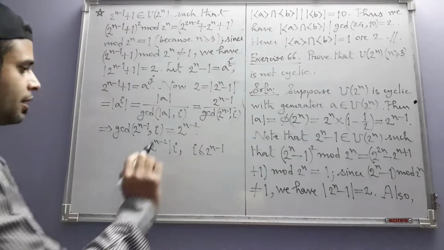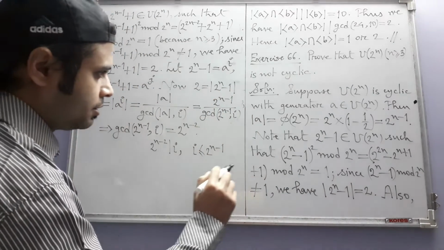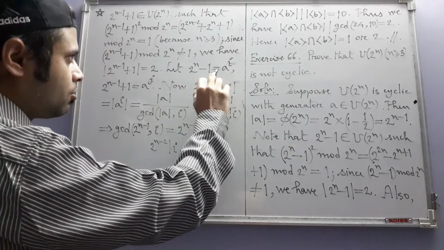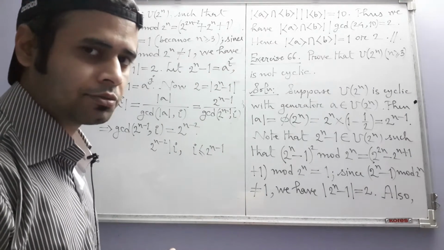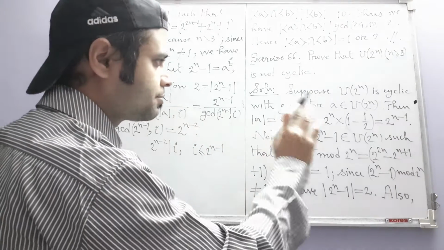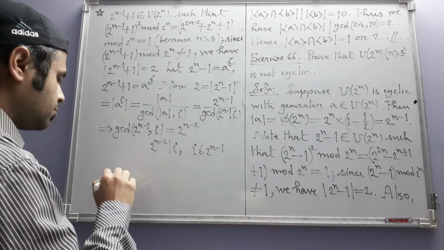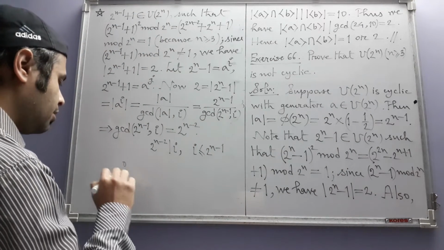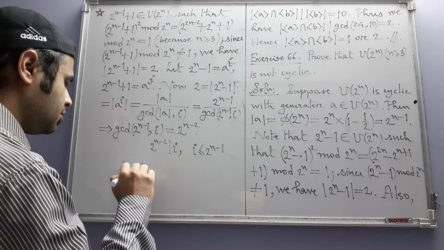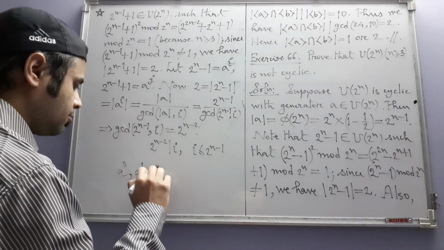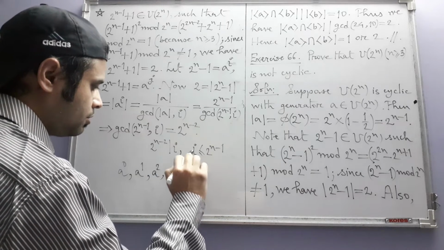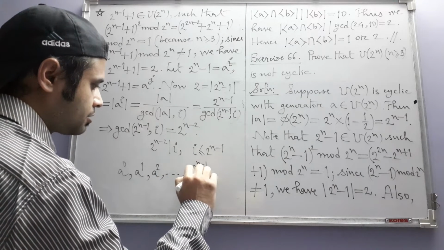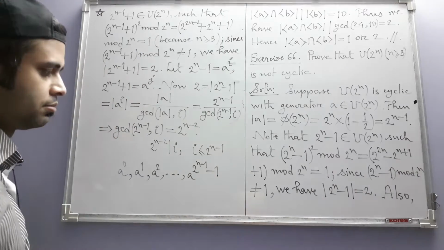So here what I am trying to say is that because all the elements in the cyclic group will be powers of A and the cyclic group is finite, these powers of A are sufficient to get all the elements in the cyclic group. 2 to the power n minus 1 minus 1.